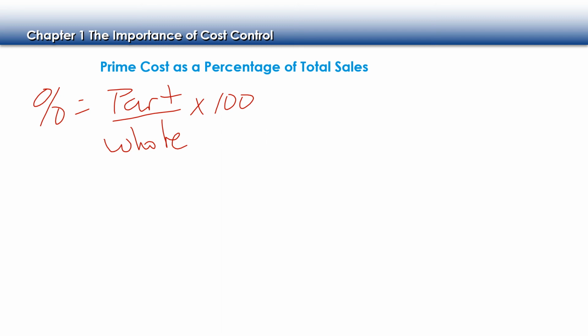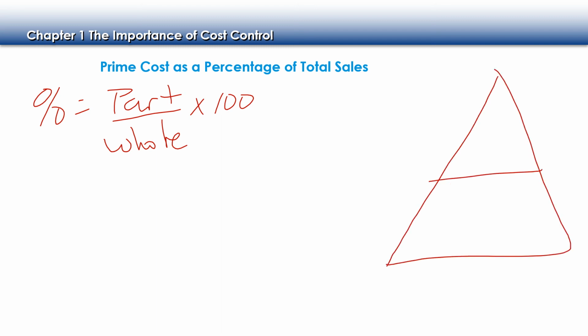So the other thing I want to give you is this wonderful tool of a triangle. Okay, I want you to make sure you write this triangle down: cost, percent, sales.